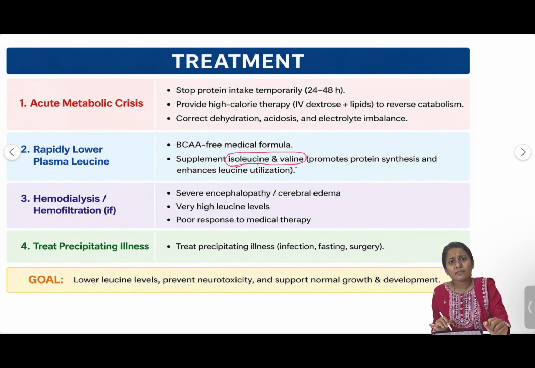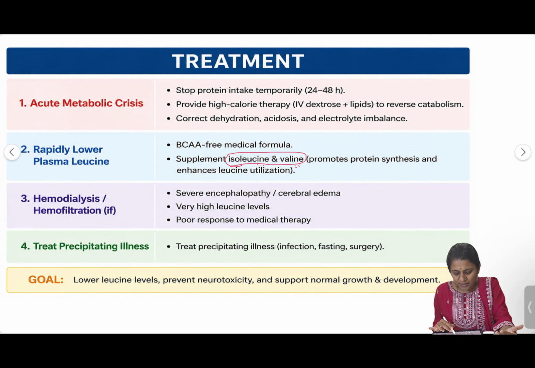Why? Because I have told you the most toxic thing to the brain, the harm, is caused by leucine itself. If you restrict completely all 3 branched chain amino acids, these are essential amino acids. So if you don't give essential amino acids, that will lead to what? Poor development and growth. And if you give isoleucine and valine, there is an excess of leucine in the plasma compared to the other two.